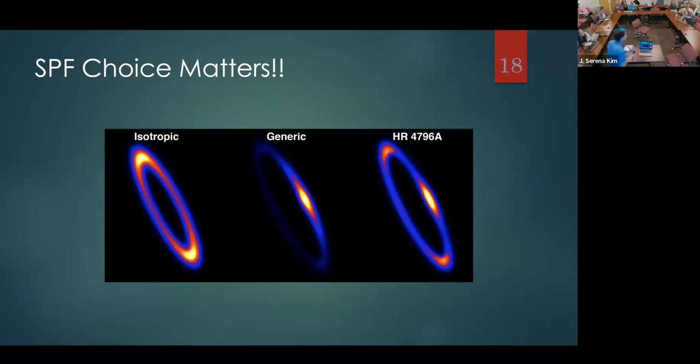I guess, but you're calling the observational profile a scattering phase function. Yes. But is that the intensity or the scattering phase function? Yeah, so in your images, there's a difference between your surface brightness and your scattering phase function. Your scattering phase function describes the scattering intensity in a completely forward scattering direction.